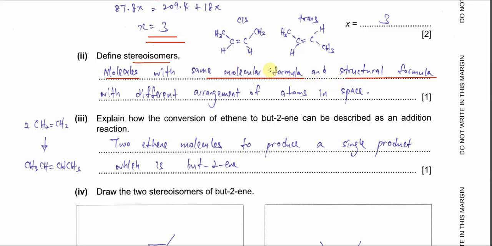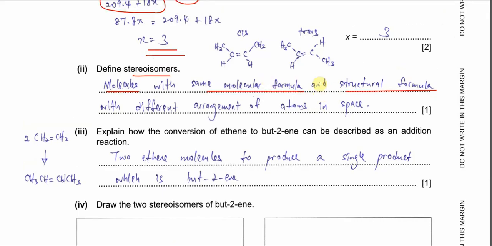Molecular formula everyone knows. Structural formula, for example, for this but-2-ene, the structural formula is CH3 CH double bond CH CH3.